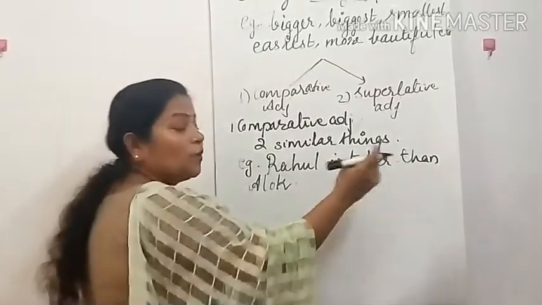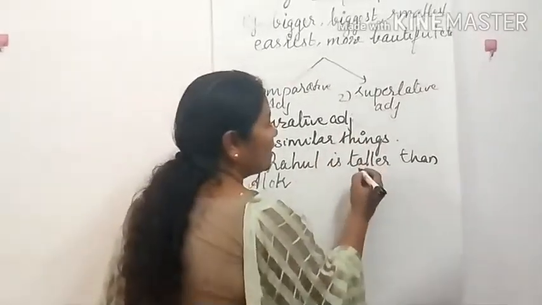Okay, Rahul is taller than Alok. Here, where do we have the comparative adjective?